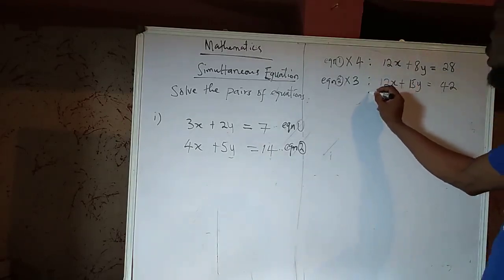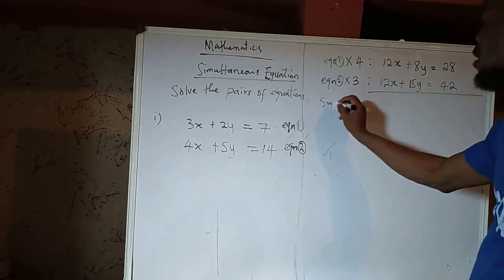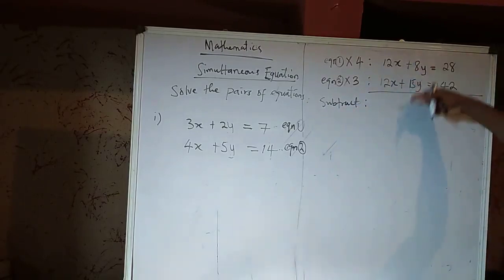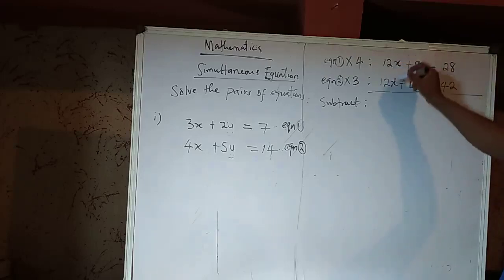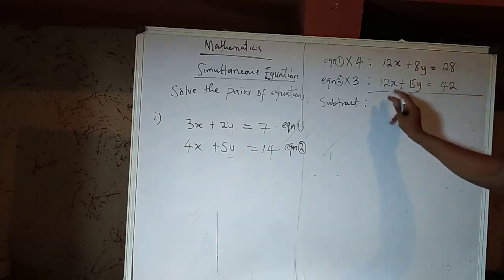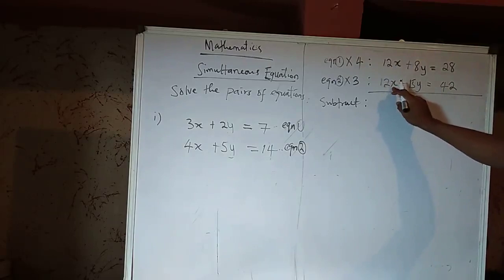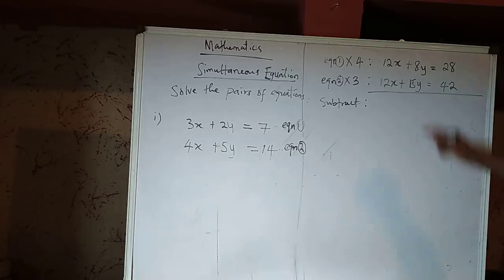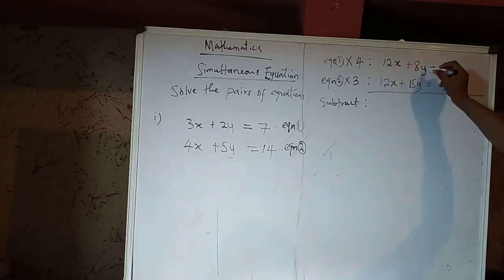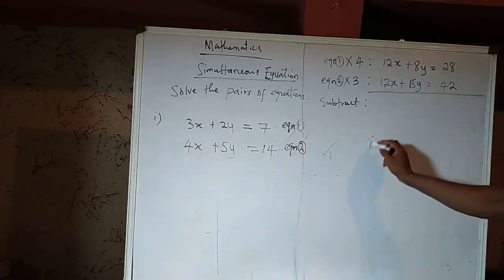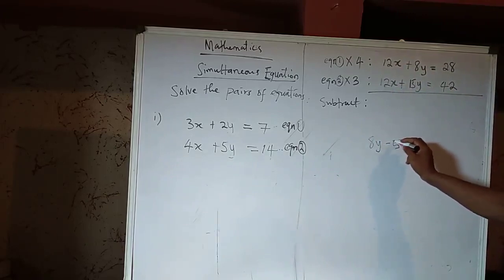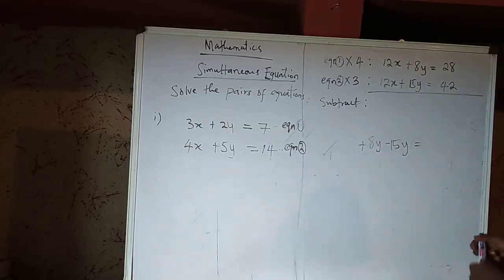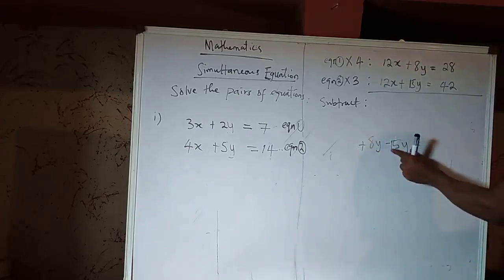Now once I've done this, I'm going to subtract one equation from the other. 12x minus 12x is 0. 8y minus 15y: note that this is positive, so you have 8, you owe 15.